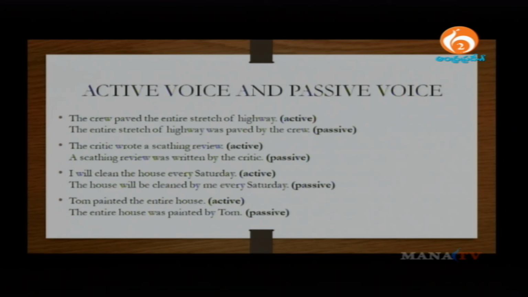This is very interesting. I will clean the house every Saturday. See, you're telling your friend that you'll be cleaning your house every Saturday. This is what people usually do when they speak to friends to avoid going out. When you do not want to go outside with your friends, obviously you'll say, I will clean the house every Saturday, so I think this Saturday I won't be able to come outside.